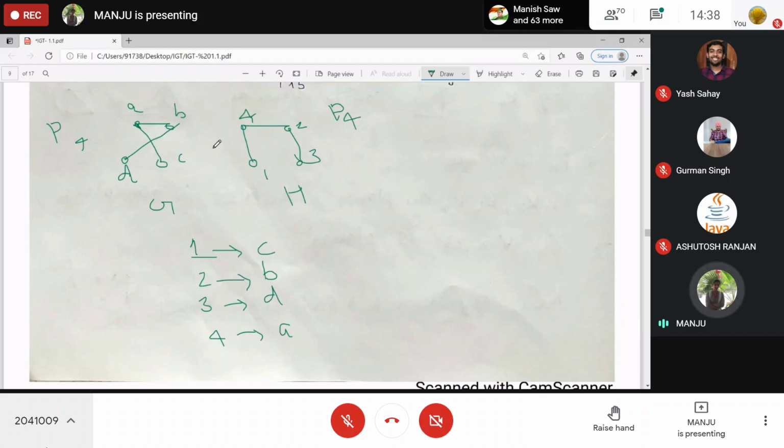You have defined a mapping. You have defined a function.